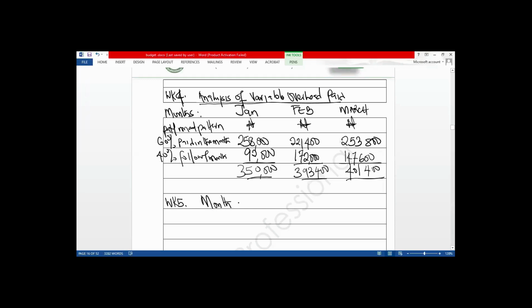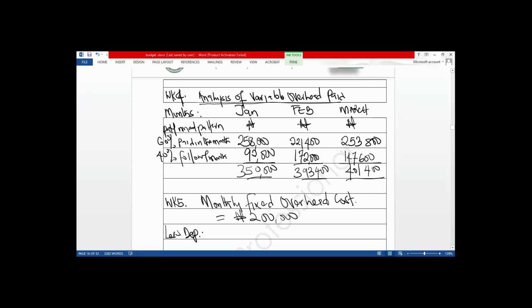Monthly overhead cost, the amount is 200,000. Now less depreciation.